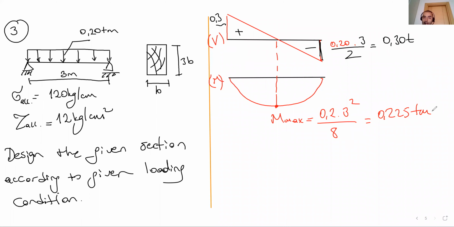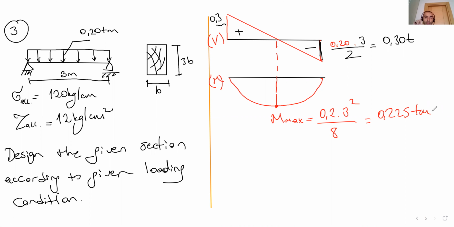For example, when we have the maximum shear force, as you can see in the first diagram, we have moment 0. Likewise, when we have the moment maximum, we have shear force 0. So we know that at the same time, we don't have the maximum internal forces according to these internal force diagrams.